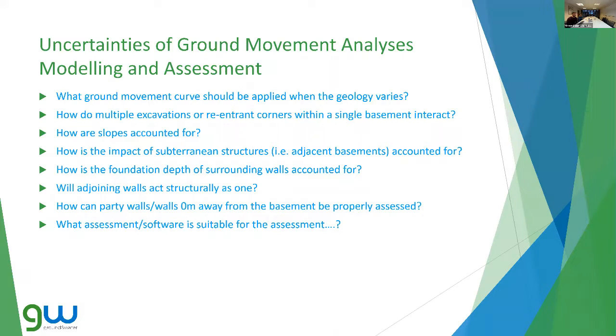And similarly, how is the foundation depth of surrounding walls accounted for? Because if you have a deeper foundation, then the differential depth between the basement and the foundation would be different, rather than just assuming that one wall is at 0 meters below ground level and the basement's at 4 meters below ground level.